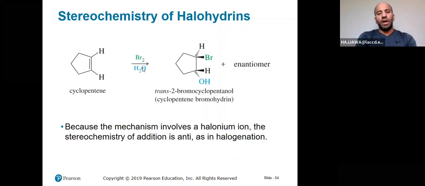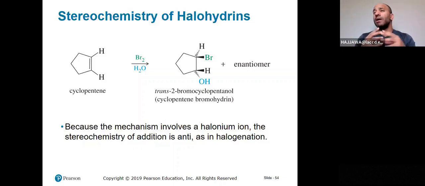Here's an example of cyclopentene reacting with Br2 and H2O. You're going to end up having the Br added first. If it's pointing up, the OH will be pointing down. And the enantiomer, meaning Br pointing away, OH pointing towards. So it's an anti-addition product, and there is no carbocation formation. It's a halonium ion intermediate.